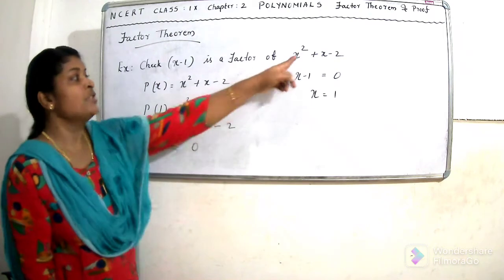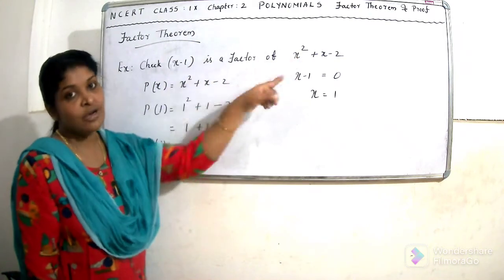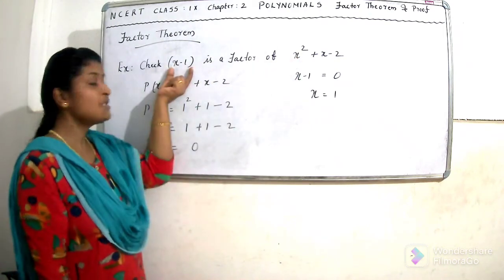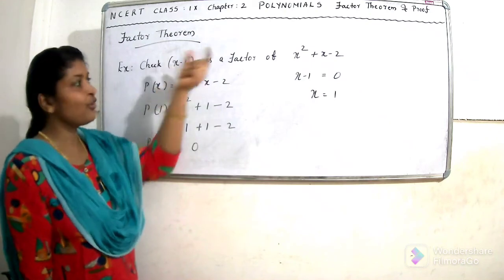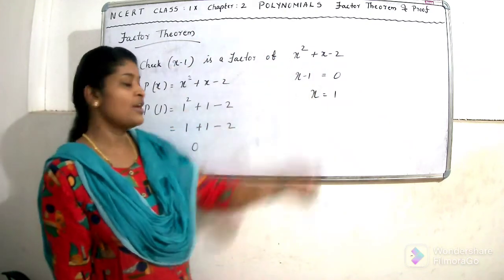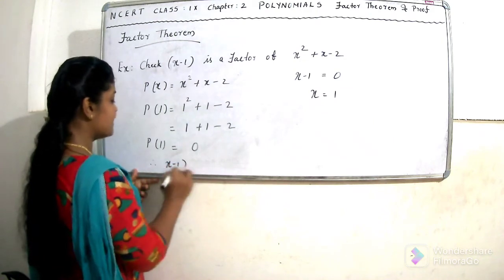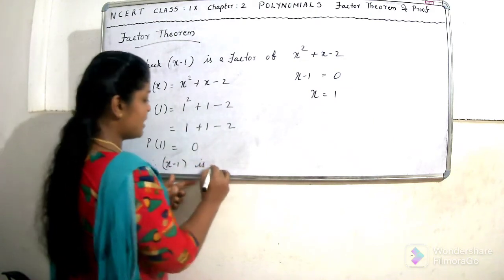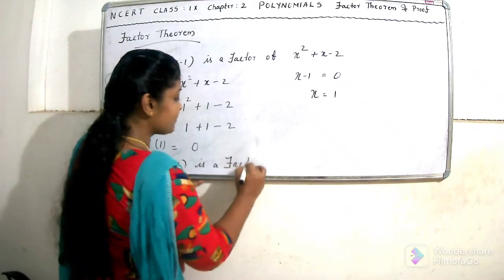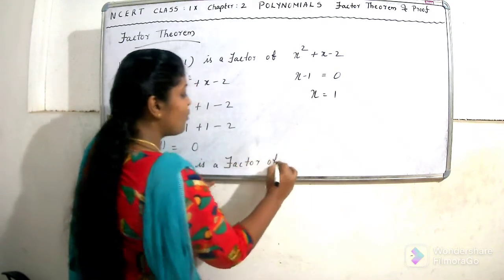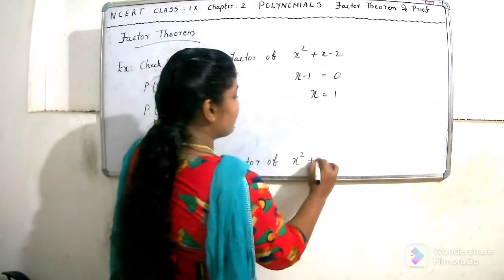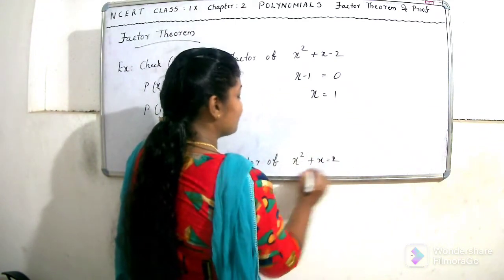That means these two are exactly divisible, so this divisor is the factor of this polynomial. Therefore, x minus 1 is a factor of x square plus x minus 2.